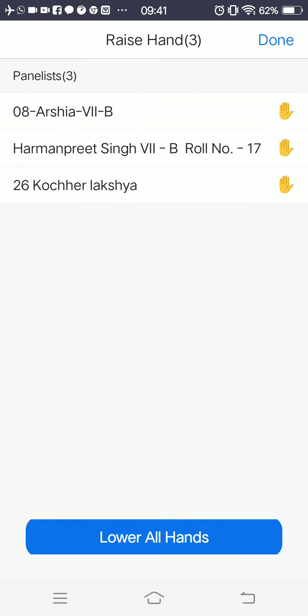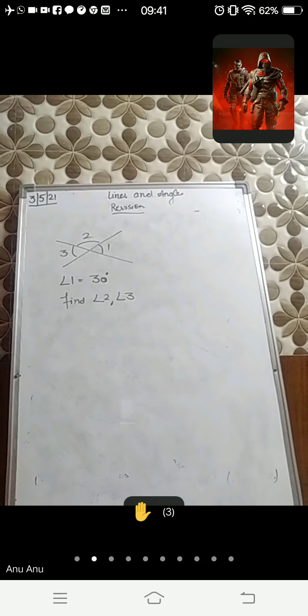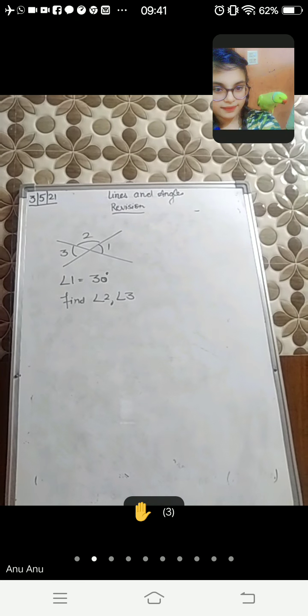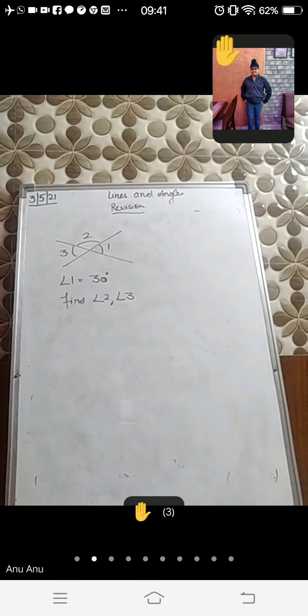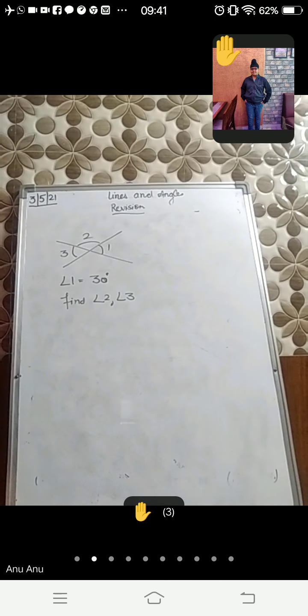It will give us 150 degrees. So angle 2 is 150 degrees by linear pair, and angle 3 is 30 degrees by vertically opposite angle.